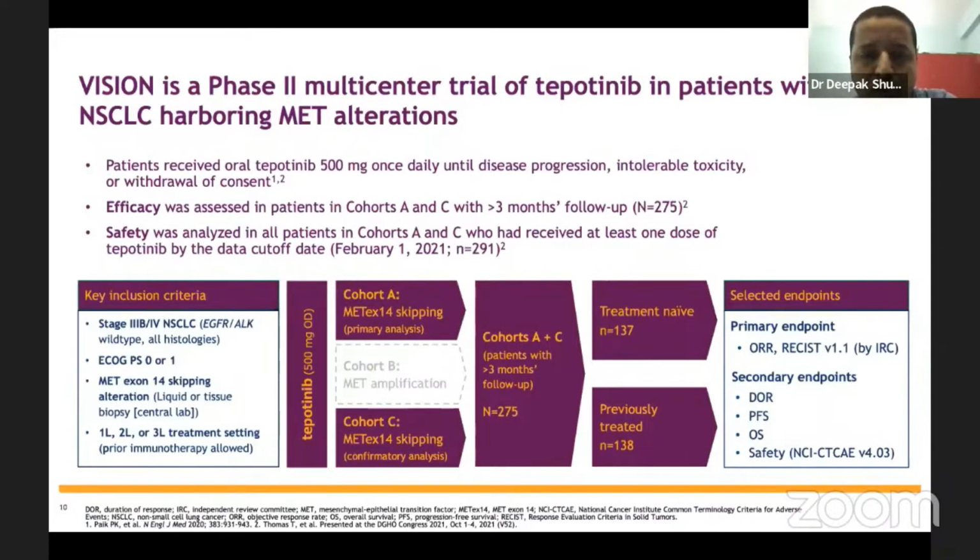Overall, if we look at both cohorts A and C, there were close to 275 patients. Approximately 137 patients were treatment naive and close to 148 patients were previously treated. The primary endpoint was overall response rate, and these were the secondary endpoints. The initial data that I'll discuss now is at a data cutoff date of February 2021.